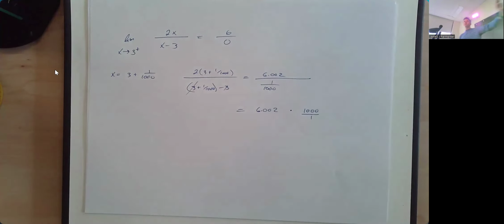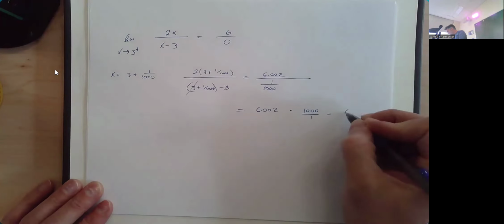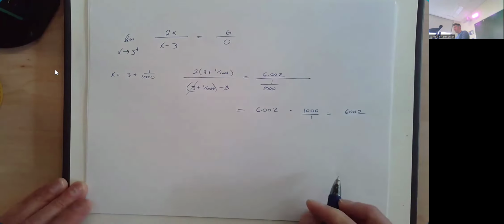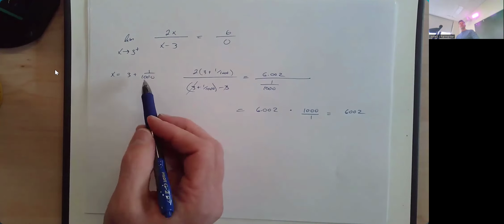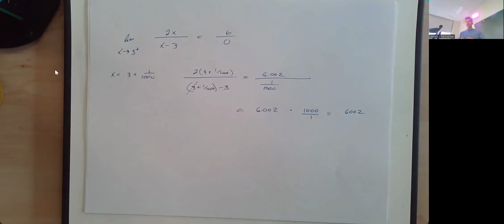But here's what I want you to see. When we divide by a very, very small number, we end up multiplying by a very large number. So if you have a small denominator, that's going to give you a large value. So this is like 6,002. And you can see that as x gets closer and closer to 3, the denominator is going to get smaller and smaller, which means the overall fraction is going to get larger and larger.